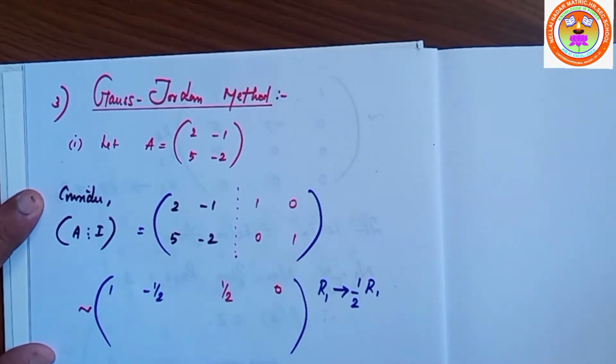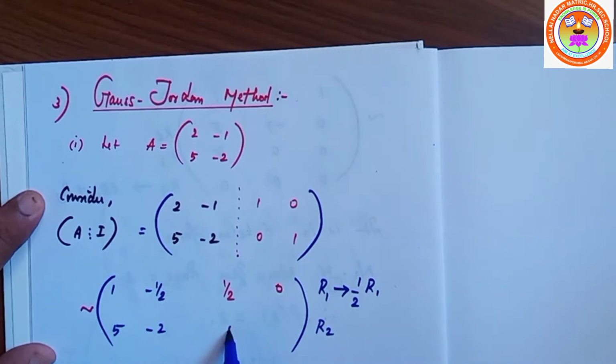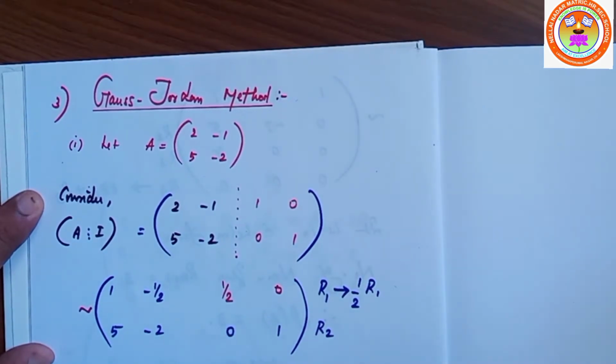Now R2 write as it is. R2 no change at all. This is R2, 5 minus 2 0 1.